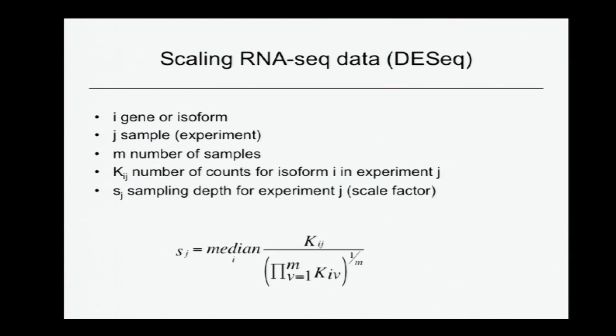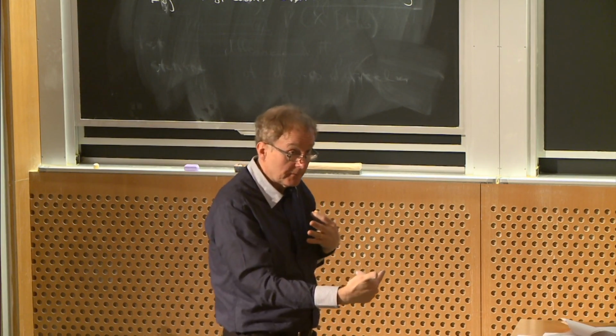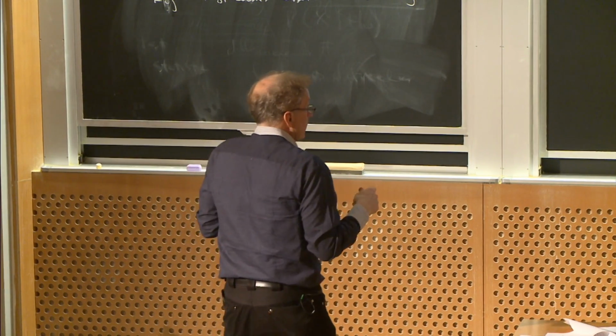And the essential idea is that we're going to take the median value of this ratio. And the reason that the denominator is a geometric mean is so that no one experiment dominates the average. They all have equal weight for the average.